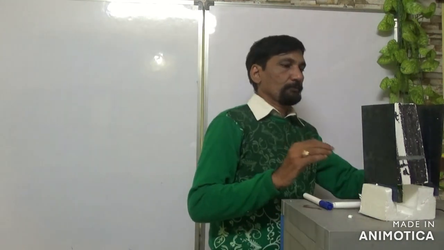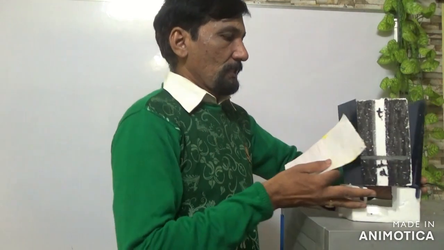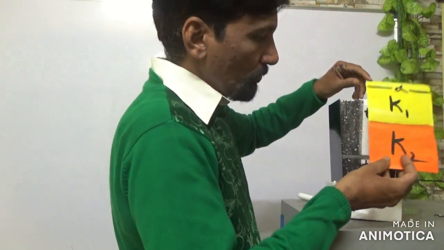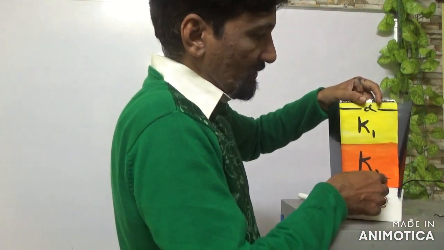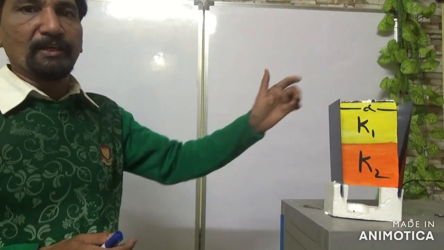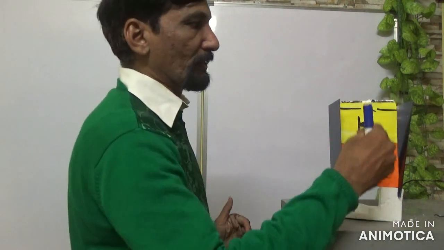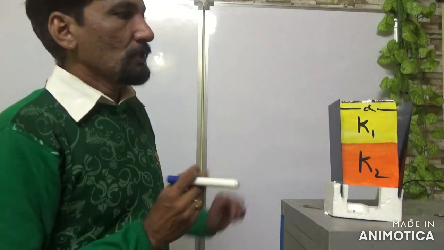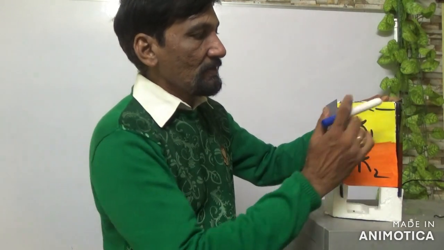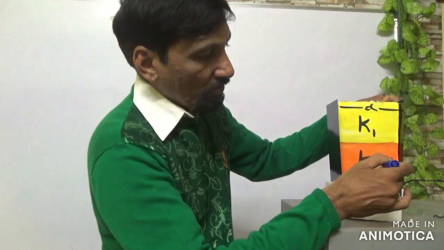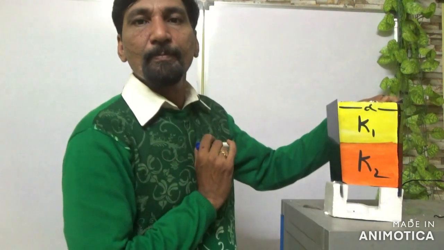Now, let us take two dielectrics in between the plates, in this way. If you notice, the distance occupied by the first dielectric and the second dielectric is the same, right?